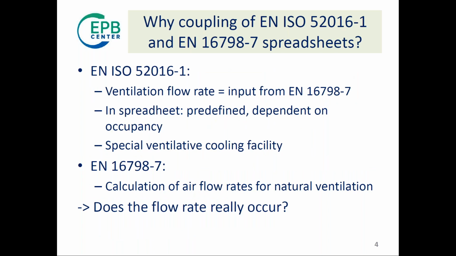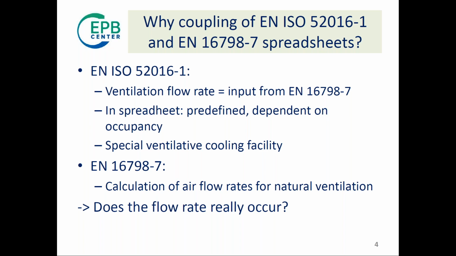So why is it a sensible thing to couple these two spreadsheets? Well, on one hand, the ventilation flow rate, according to EN ISO 52016-1, is defined as an input coming from another module. And this other module is EN 16798-7.